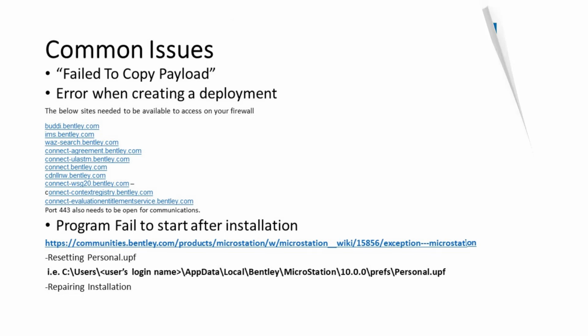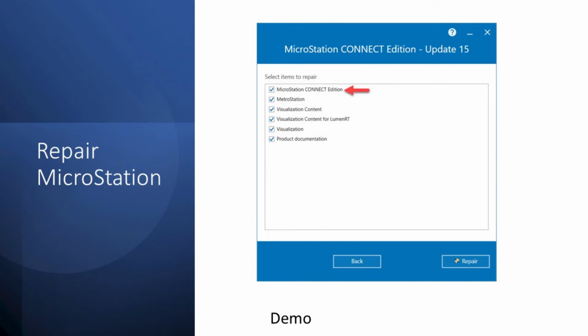And what we'll do now is show what happens when you do a repair. You can actually select the items that you need to repair. It can be the installation of MicroStation, the MicroStation workspace, the visualization content, visualization itself, or even the product documentation.